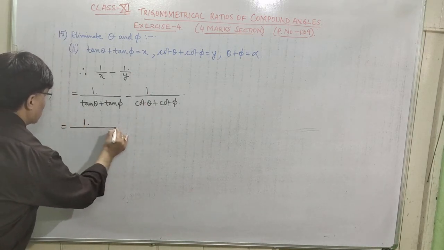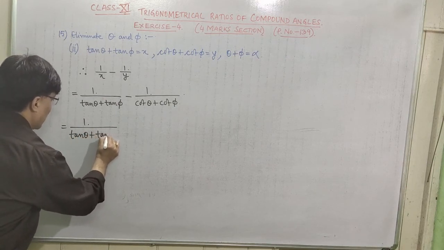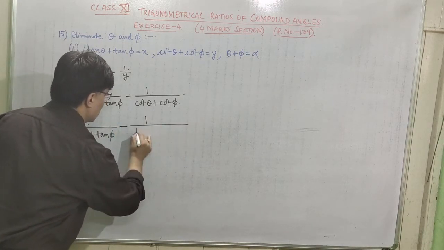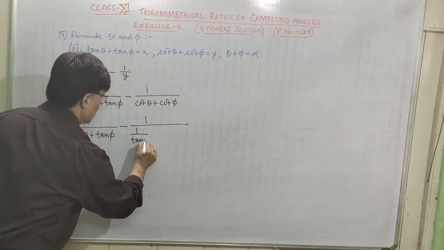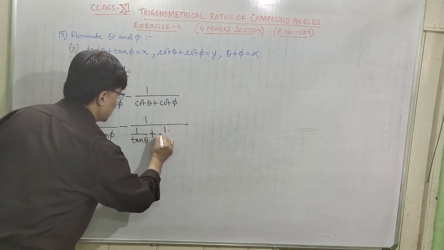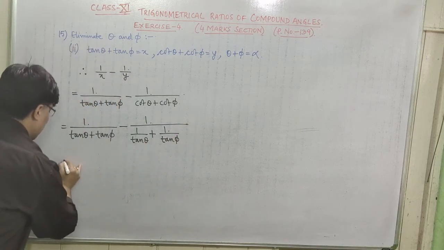1 upon, this is your tan theta plus tan phi, minus 1 upon, this is your 1 upon tan theta, isn't it? Cot theta in terms of tan is 1 upon tan theta, plus cot phi in terms of tan is 1 upon tan phi. So let us simplify the second term.